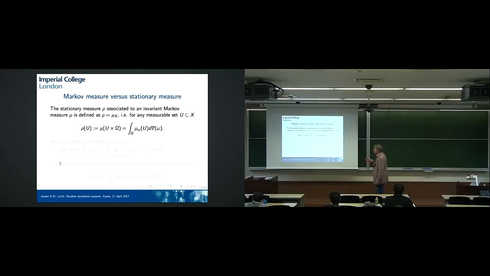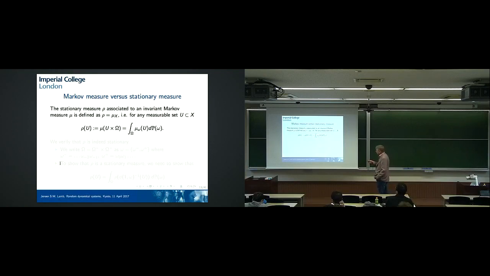And if I take the marginal with respect to x, I get the stationary measure. Okay, so what is this marginal? This is precisely this guy. So the rho of u is defined as the mu of u cross omega. And this is this guy.